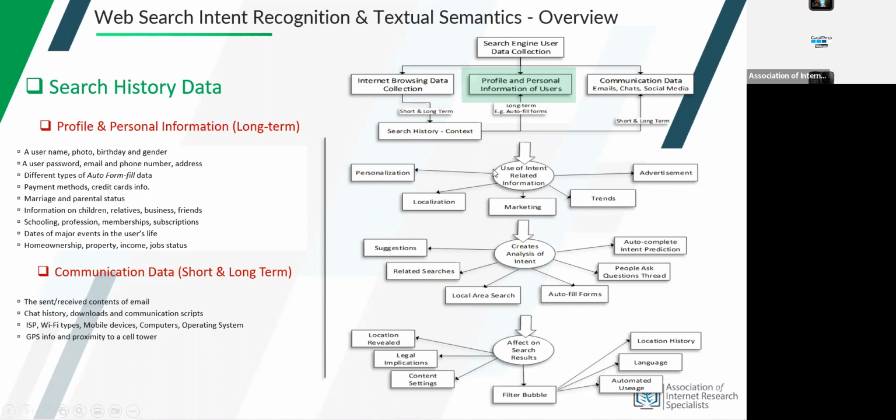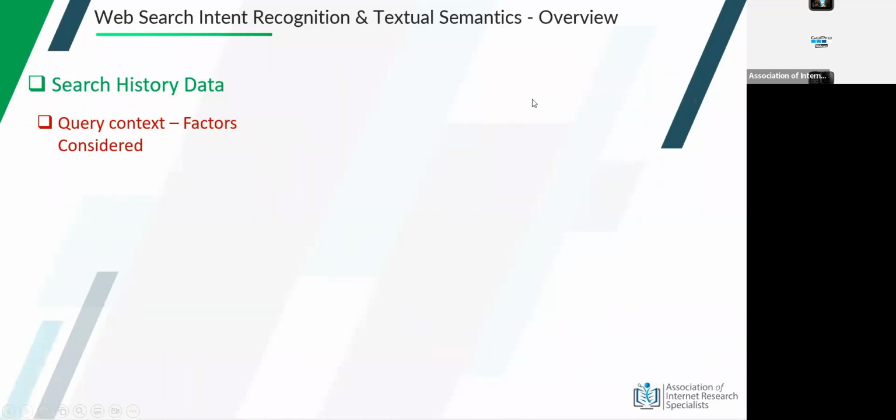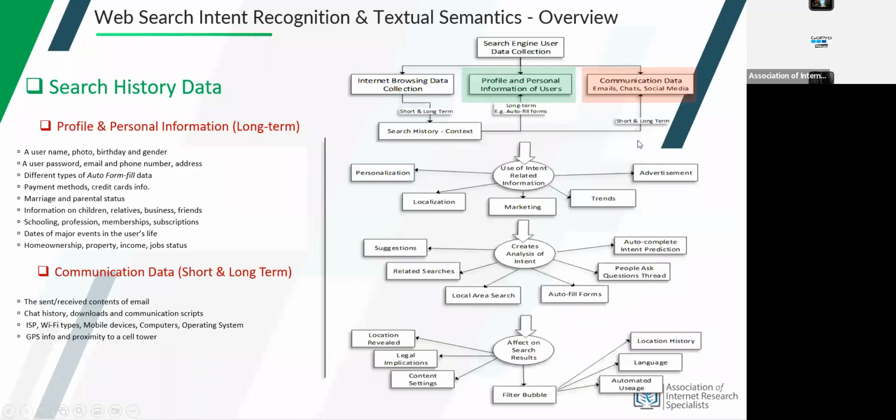Then we have another layer after the first one. So we know that these are 3 different areas of information collection. Then we have the second layer, which is use of intent related information.